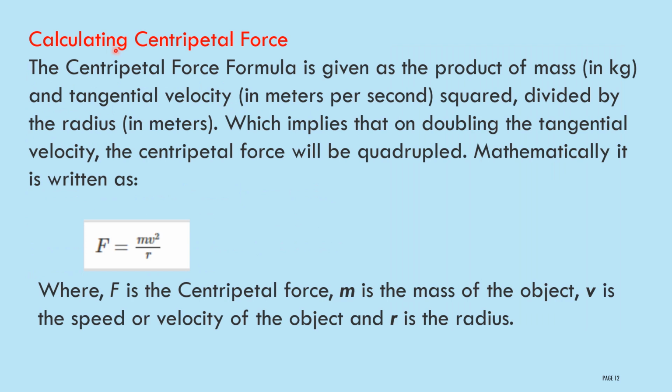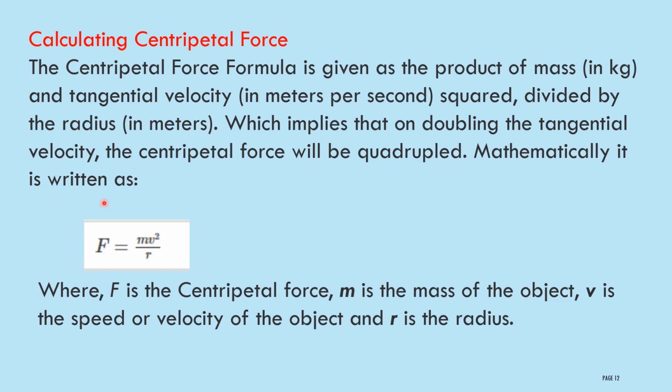Calculating centripetal force. The centripetal force formula is given as the product of mass in kg and tangential velocity squared in meters per second, divided by radius in meters, which implies that if you double the tangential velocity, the centripetal force will be quadrupled.